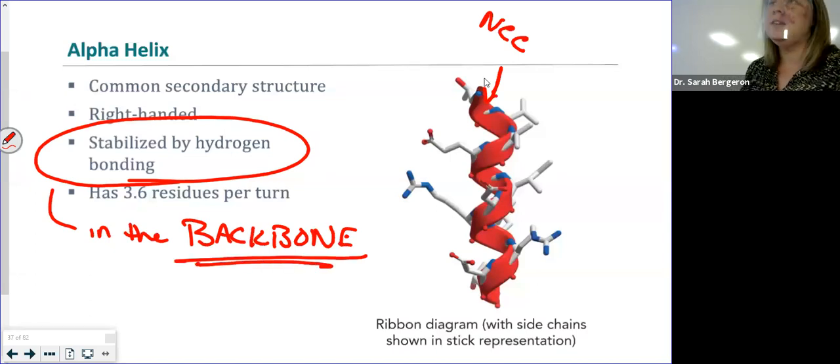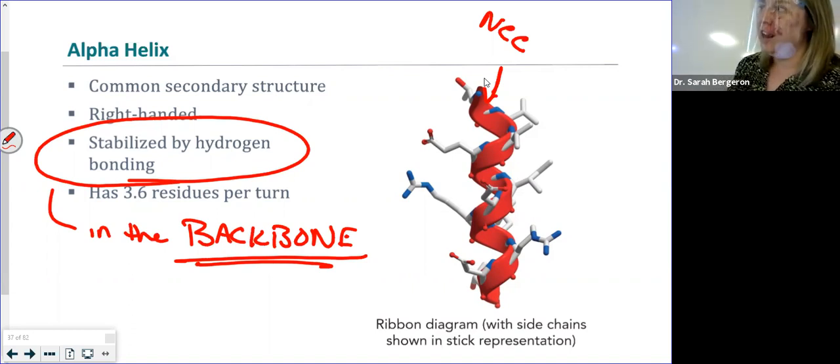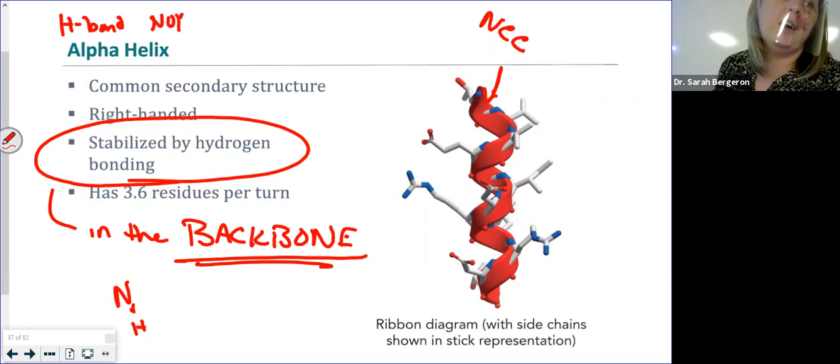Tell me about this NCC. It's not just a nitrogen though, right? It's a nitrogen that has at least 2 hydrogens attached to it, right? So I'll just put 1 and just not label it, because it kind of depends on if you're at the end or if you're in the middle of the molecule. But is nitrogen an electronegative element? Remember, hydrogen bonding is no fun.